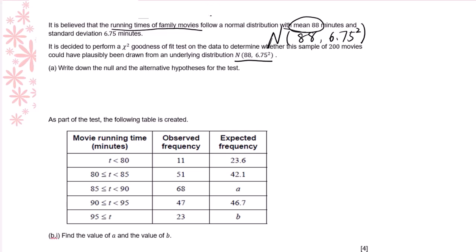We want to test whether the running times of family movies follow a normal distribution with mean 88 minutes and a standard deviation 6.75 minutes. This is H0.